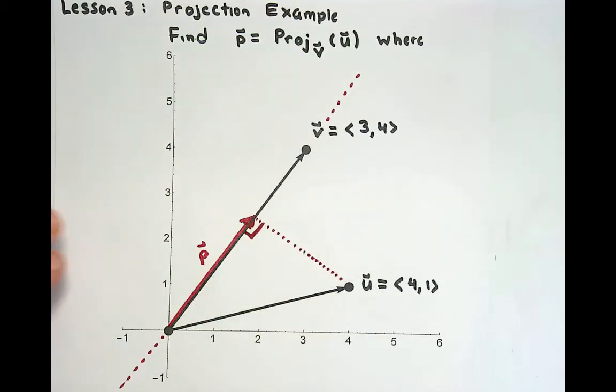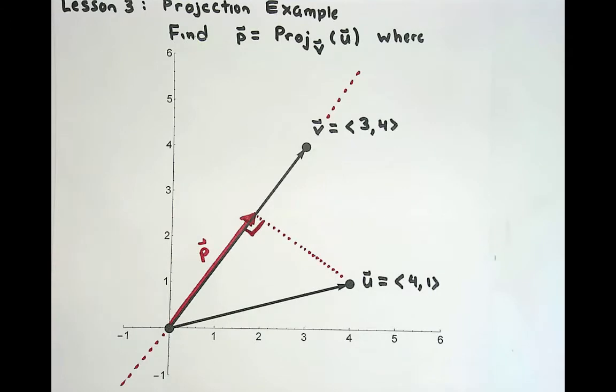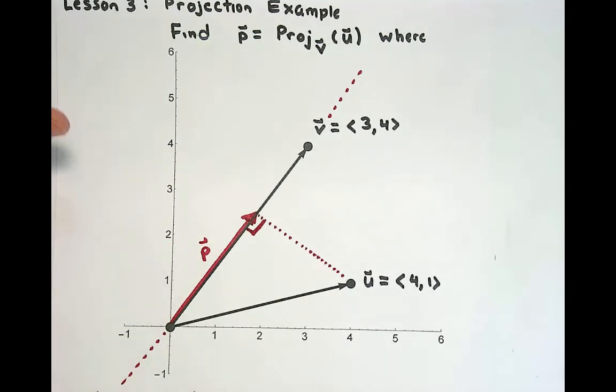That's the one we're looking for. What's really cool about this is if we do that vector well, we can simultaneously construct the orthogonal vector r, which is the one that comes directly out this way. I won't draw that for now because that's not what we're asked to do in this problem. Okay, so we want to search for p.